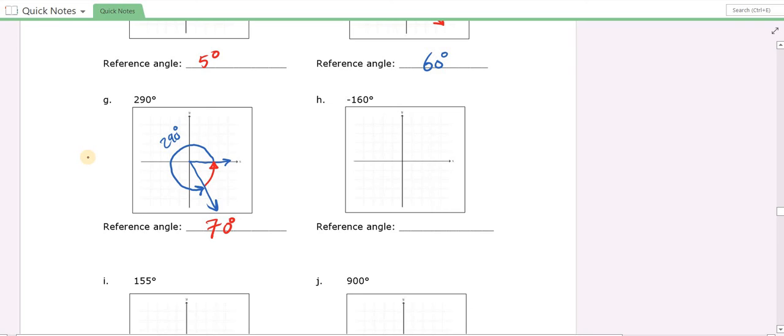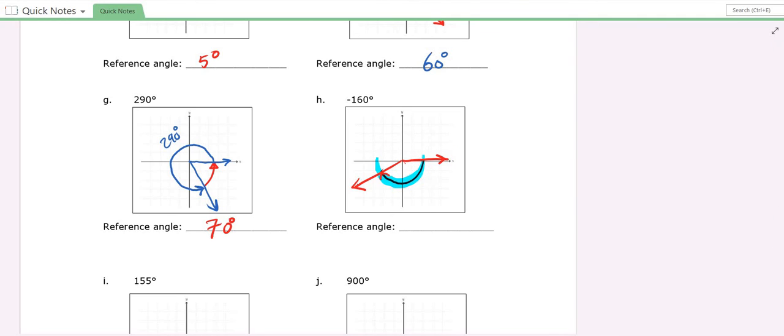The next angle is negative 160. Negative 160 just means I am going clockwise instead of counterclockwise. I know this is the initial part of the angle. 160 is approximately here. This entire half bottom circle is 180 degrees, which is negative 180 degrees if you measure from the initial side here.